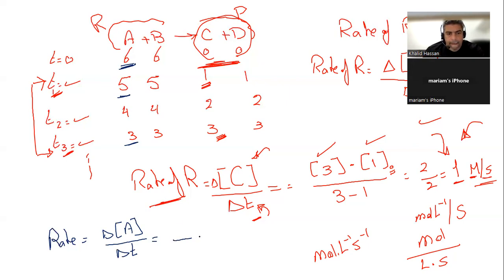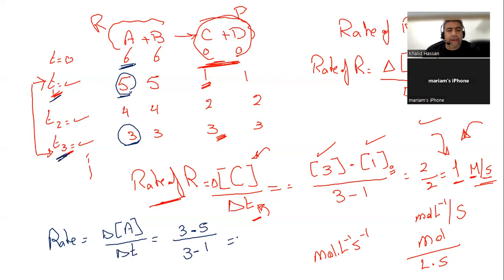So what we have here, delta means concentration, as I did before. We say 3 minus 5, and for the time, 3 minus 1.